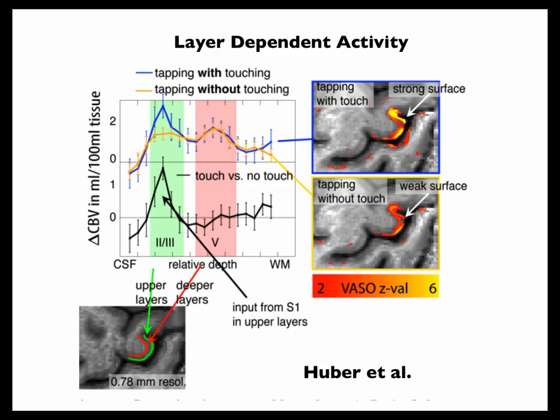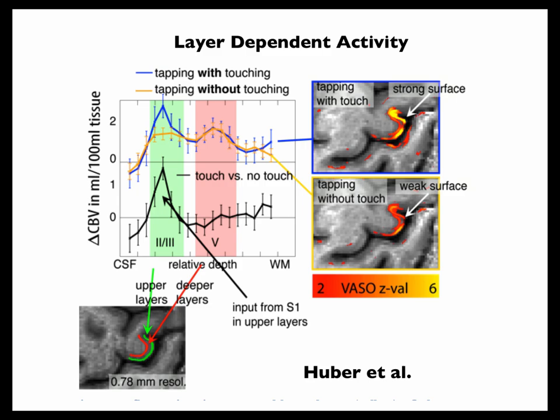So if you're tapping your fingers, you have motor cortex activation, but you also have a sensory input to your motor cortex to tell it, oh, I'm tapping, I'm going to stop. It's proprioception, but it also affects the motor cortex. It's an input from sensory to motor across layers.